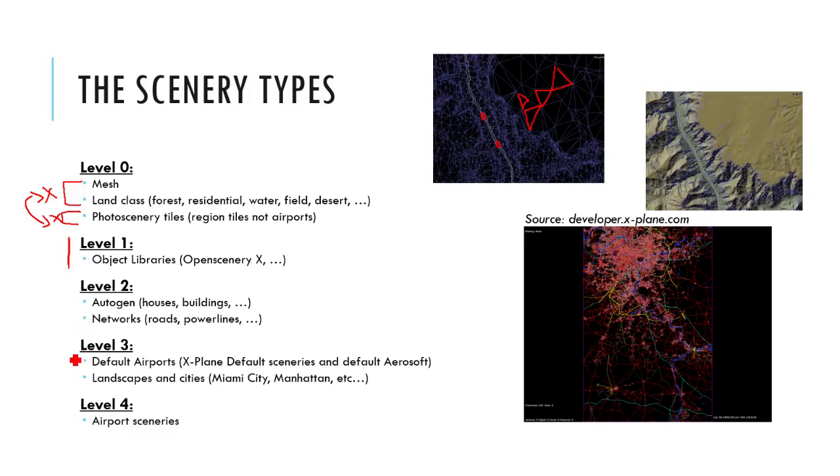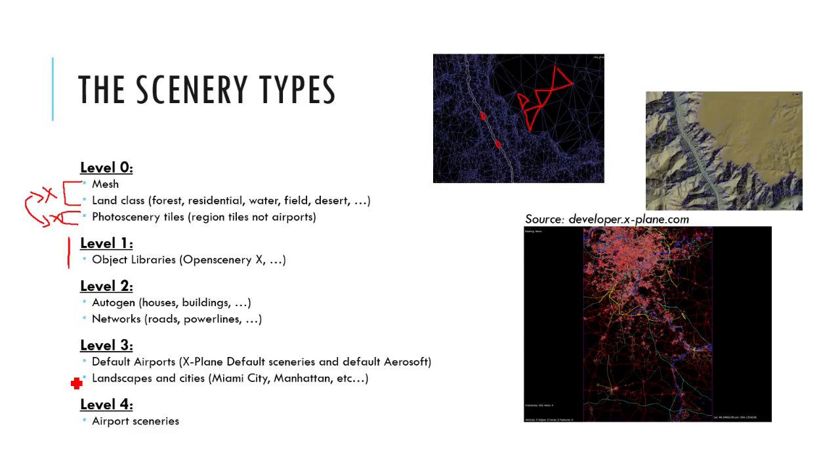The level 3 will be the default airports, the landscapes, but the specific landscapes. When I say landscape, for example in cities, if you have Manhattan or Miami City, those will be loaded on top of the level 2 because those are custom objects and specific zones that are defined within the folder.